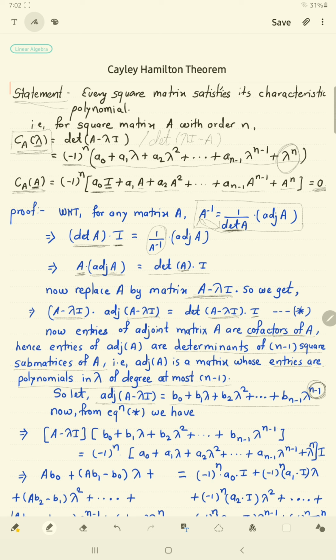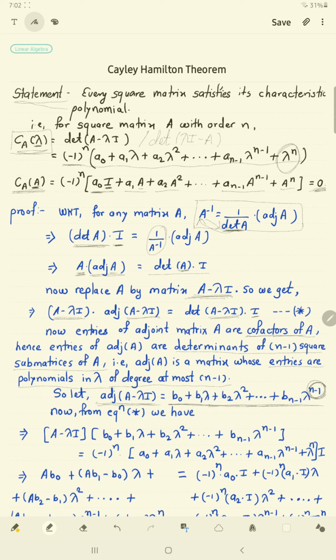Maximum degree is n minus 1. So here adjoint of A minus lambda is, instead of a0, I choose some different scalar quantity. So I take b0, b1 lambda, b2 lambda square, up to b_(n minus 1) lambda raised to n minus 1.